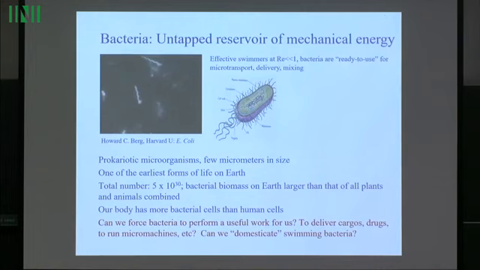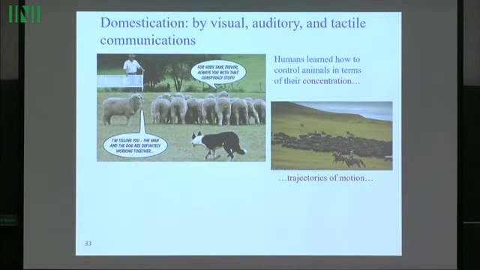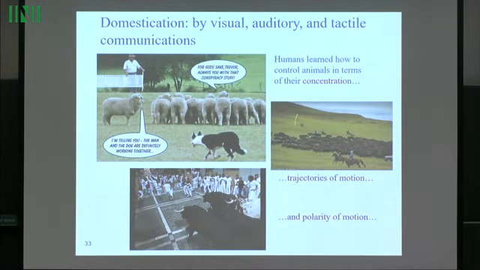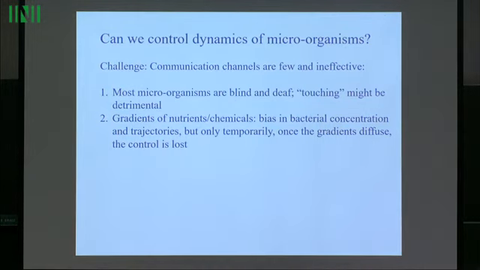And so the question is, how do we tell the bacteria what we want out of them? If you look at the domestication of large animals, the task is relatively simple. We have many channels of communication by visual contact, yelling at them or touching them. And in the case of bacteria, it's all absent. We cannot communicate with sound or light most of the time because they are blind and deaf.